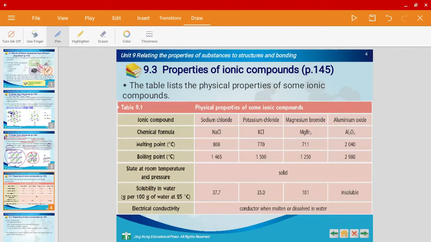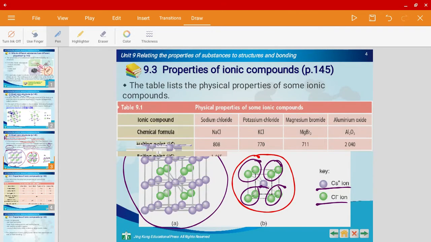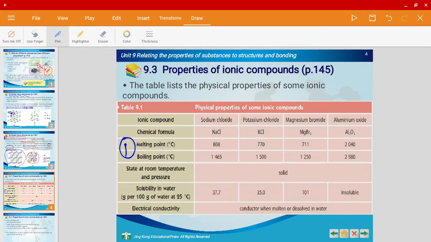Another thing we learned last time was about the 4 different properties of ionic compounds. The first property was the melting and boiling points. We also talked about the physical state, solubility, and finally, the 4th property was electrical conductivity.